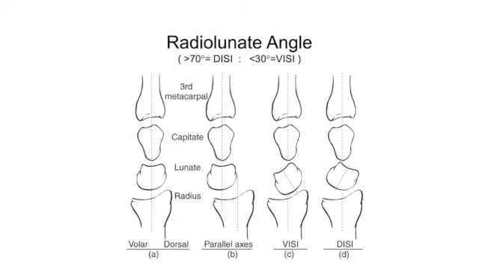What this can show us is instability. So when we look at A, that's going to be our normal. Look at B, and what we have here is the entire distal section shifted. And then what we have in C and D is obviously a rotation or instability of the lunate on the radius.